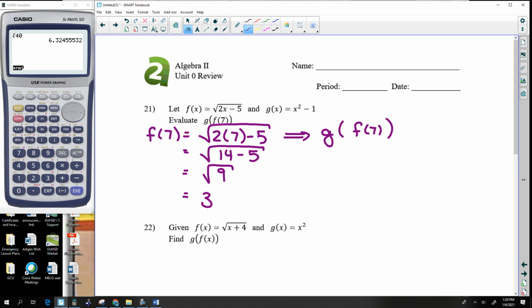So as I just got done saying, f of 7 is literally the number 3. So this is asking, what is g of 3? g of 3, which is x squared minus 1, the x being 3. 3 squared is 9. 9 minus 1 is 8.